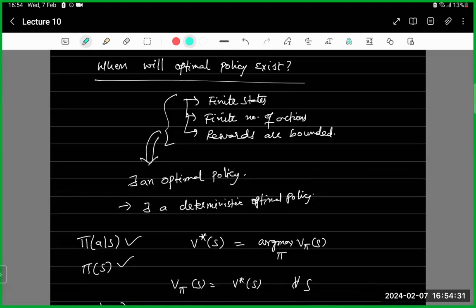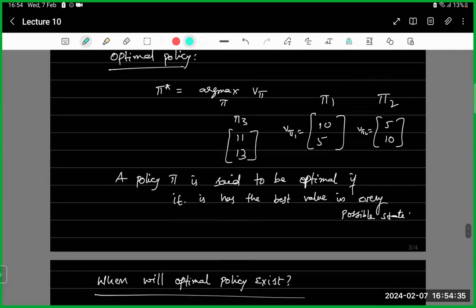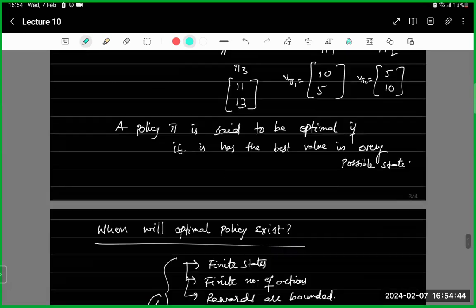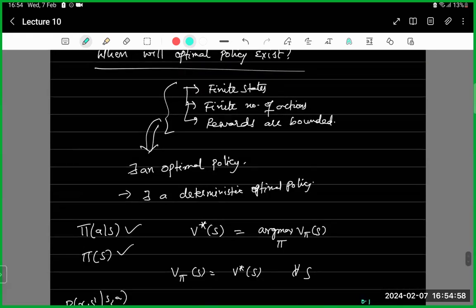Like, this definition is not telling something about deterministic policy. It is telling you to search over all possible policies. That means you have to search over even policies like this. For every state you have to tell me what probability should go up, what probability should go right, what probability should go left, down. So now, if these three conditions are satisfied, it is telling that you need not search over all possible policies.